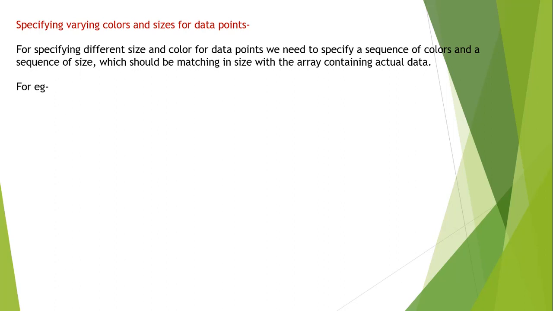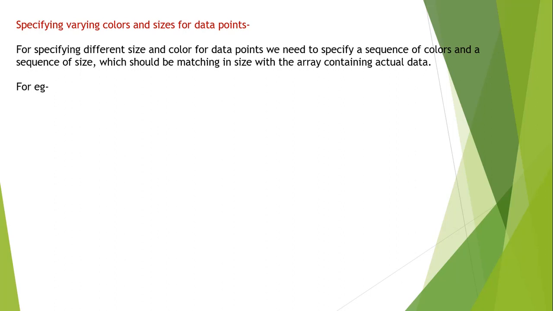There can be a requirement where you will need to plot these data points in different color and in different size also. So how can we get it? Let's see. For specifying different size and color for data points, we need to specify a sequence of colors and a sequence of sizes.